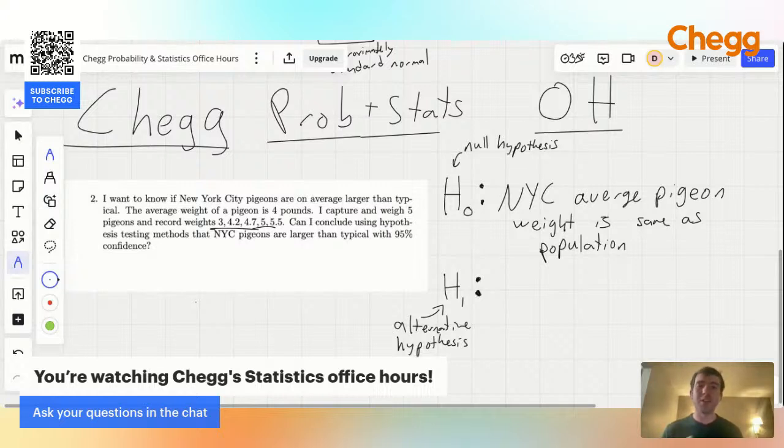So they'll often try to do a very narrow ruling. This is what we're trying to do. We're not trying to just solve all the problems in the world. We're just trying to disprove the null hypothesis, and this is our alternative. In this case, we can interpret the alternative as NYC pigeon weight is greater than average.